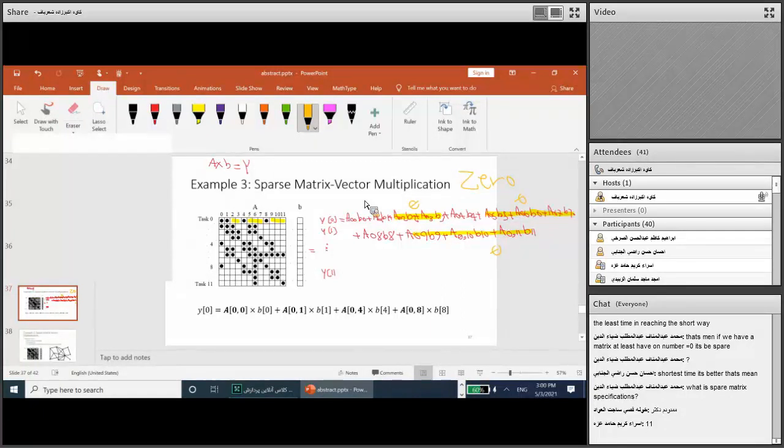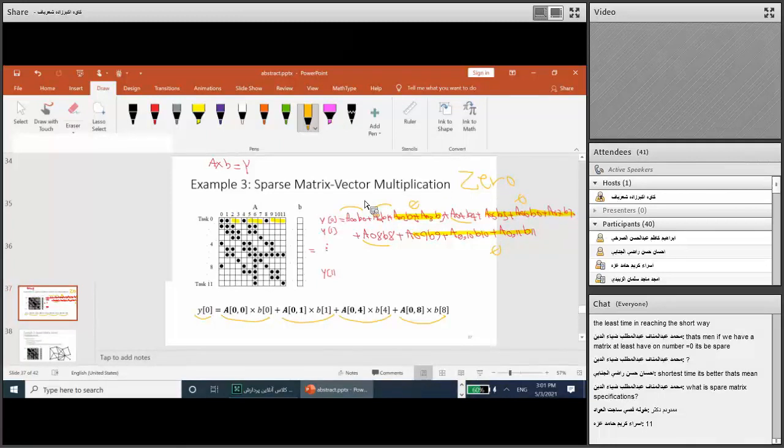Therefore, we just compute these four elements: A00 B0, A01 B1, A04 B4, and A08 B8.